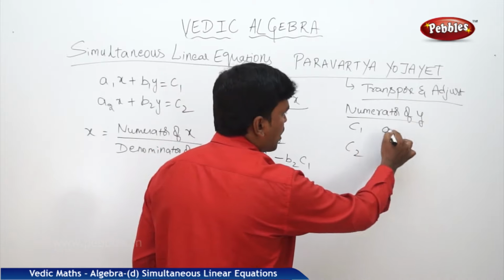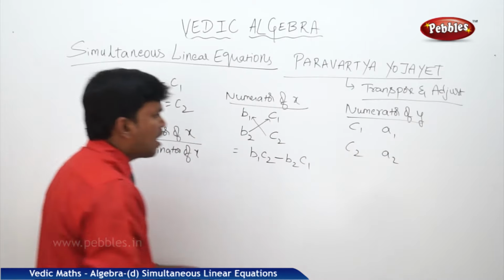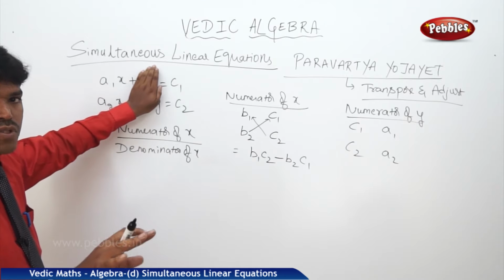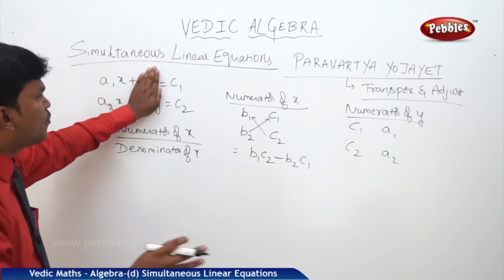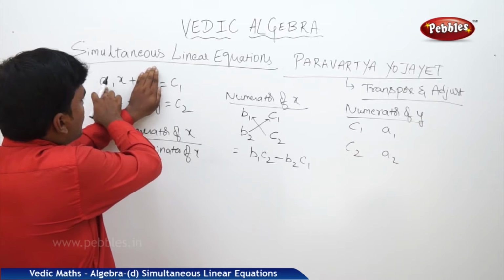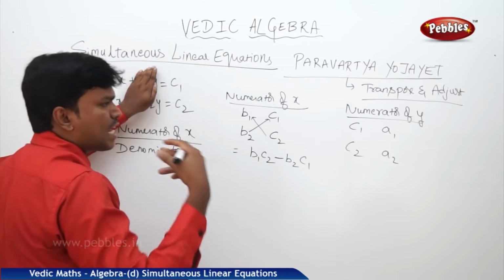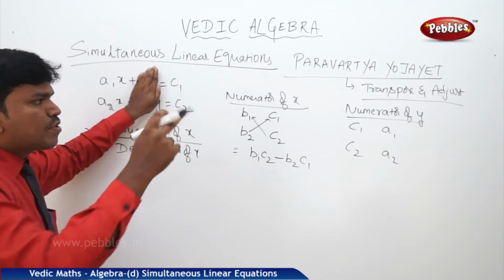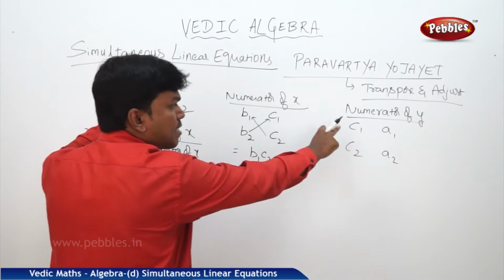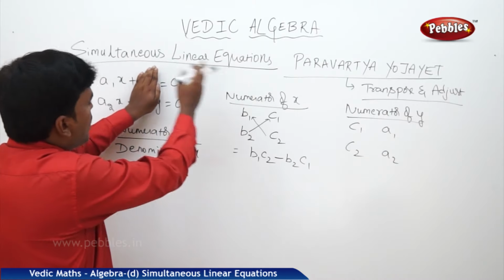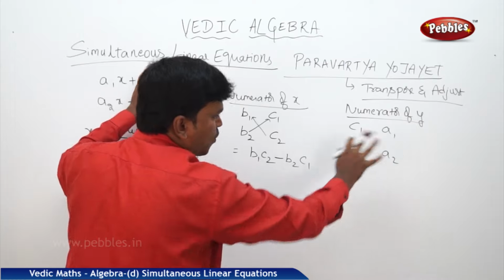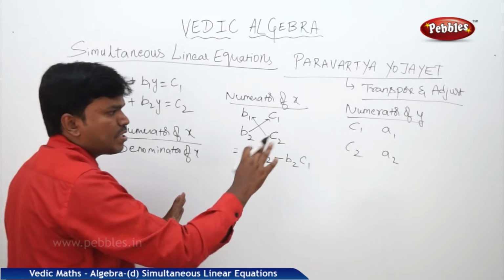So I am writing a1, a2. If I want the numerator of y, I ignore the y terms for some time. The remaining terms are a1, c1, a2, c2. But as we discussed, the terms are cyclic. So BC is over, next CA will come. You should not say a1, c1, a2, c2; you have to reverse it. So we get c1, a1, c2, a2.